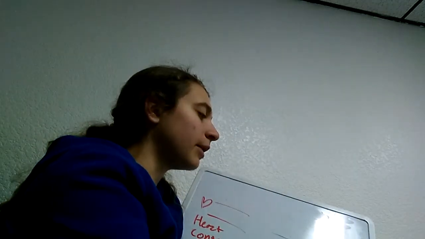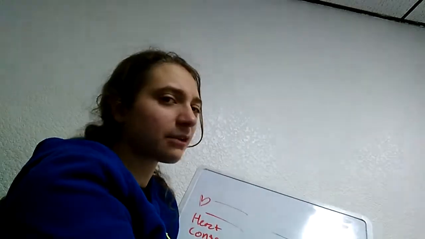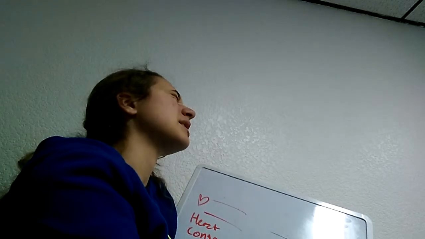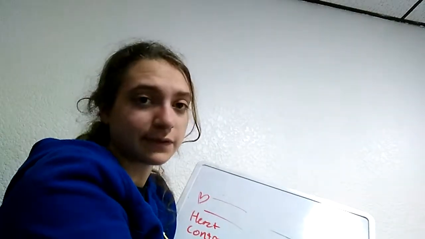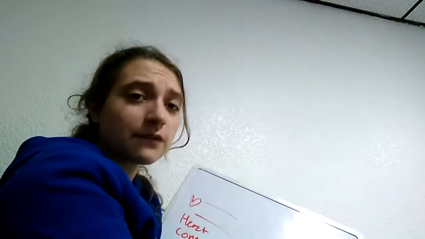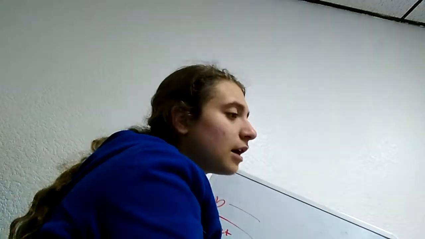This is why blood pooling can happen in people who just sit around all day. That's why you can get spider veins, varicose veins, because you're not exercising. Sometimes if you exercise too much, it can happen too. You just have to be balanced with it.